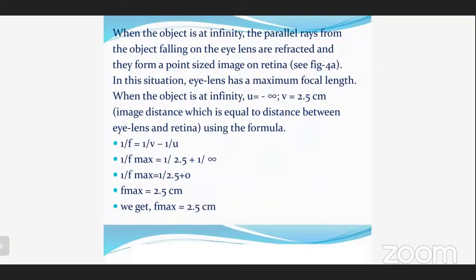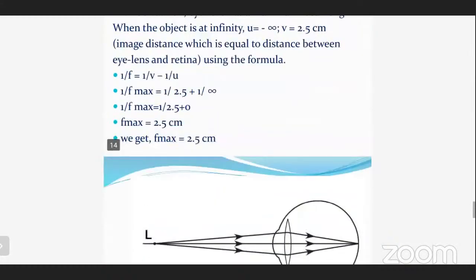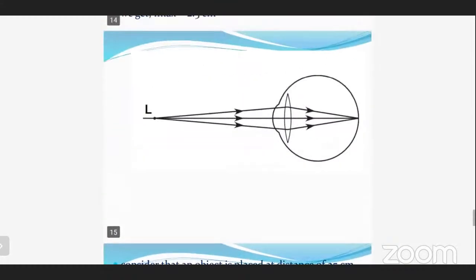That means the maximum focal length is 2.5 centimeter. Understand, that is the maximum focal length. Also we have to find out the minimum focal length. So observe the figure.